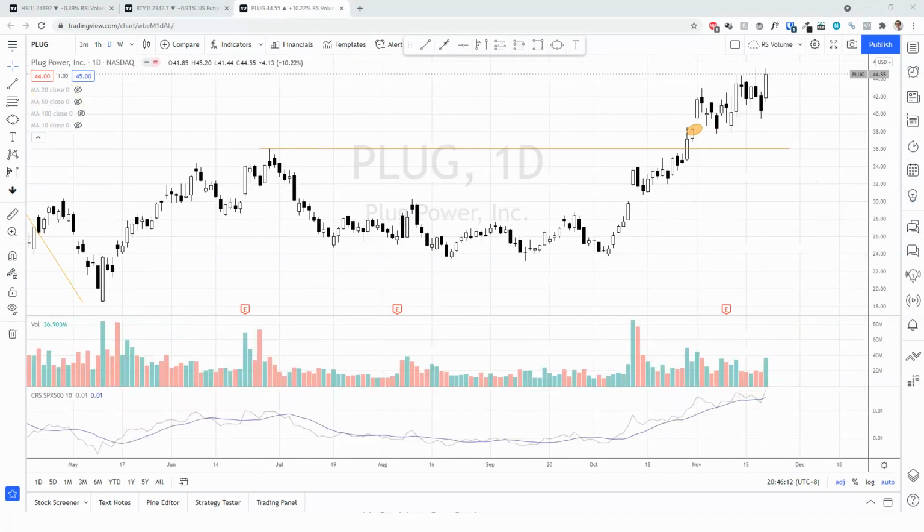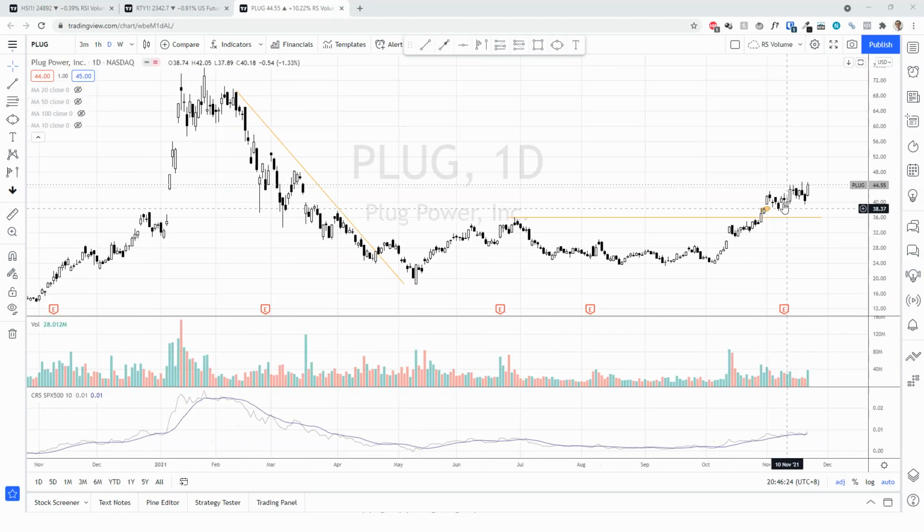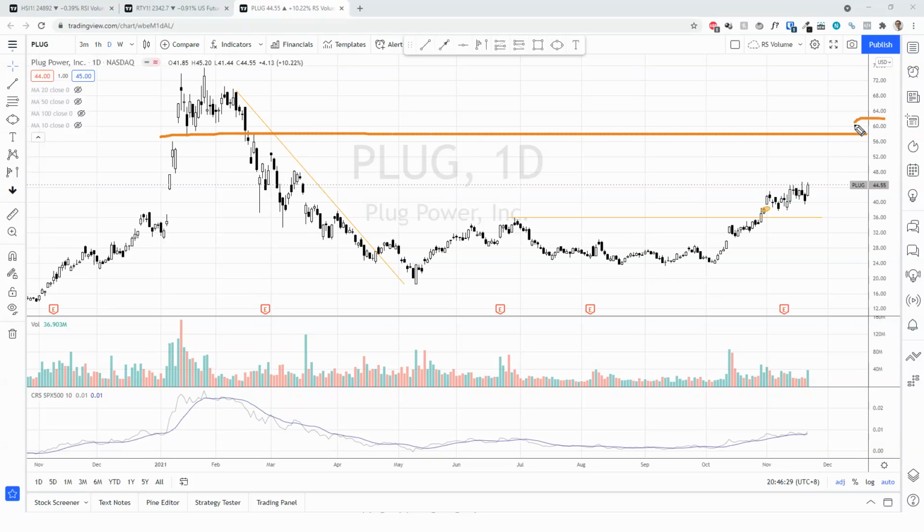If this range, which is just breaking out on Friday, is sustained, I think we can definitely see another run up start, until it hits a very obvious resistance level somewhere around here. Then we can see another type of consolidation here. So at the moment, I think that's a breakout trade.